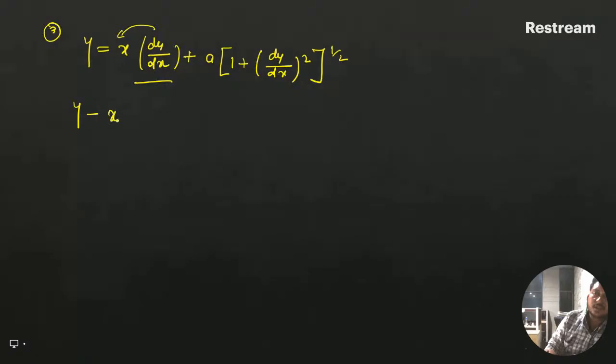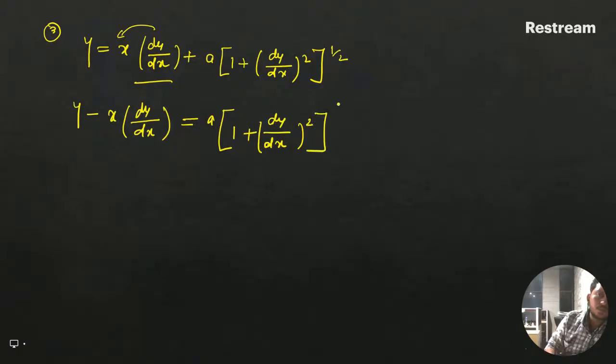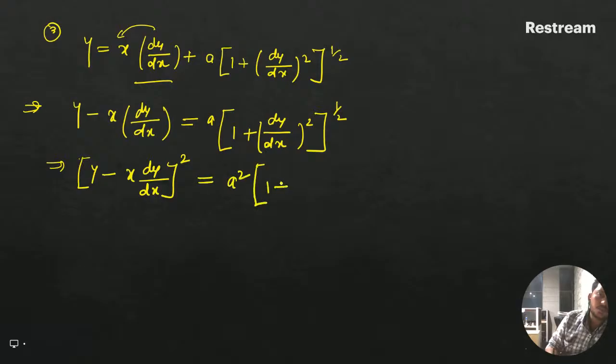So x dy upon dx is equal to a times 1 plus dy upon dx whole square to the whole power 1 by 2. Now y minus x dy upon dx squared equals a square times 1 plus dy upon dx to the power 2.